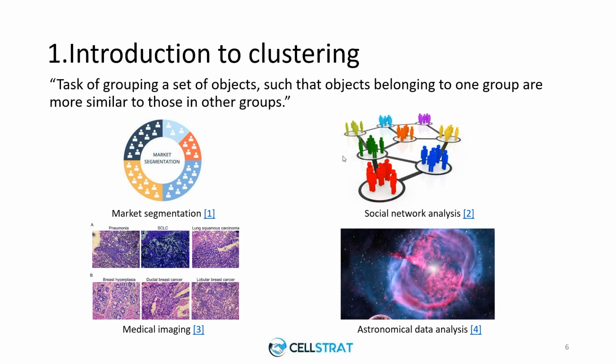For example, if I have objects in two groups, let's say in this case I've grouped objects based on shapes. The objects belonging to group 1 are more similar to group 1 compared to the objects in group 2. That is what clustering is all about, to put it in very, very simple terms.